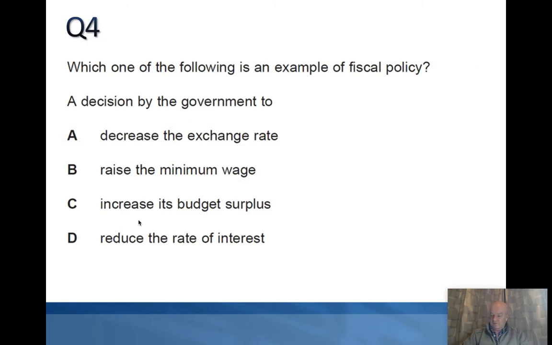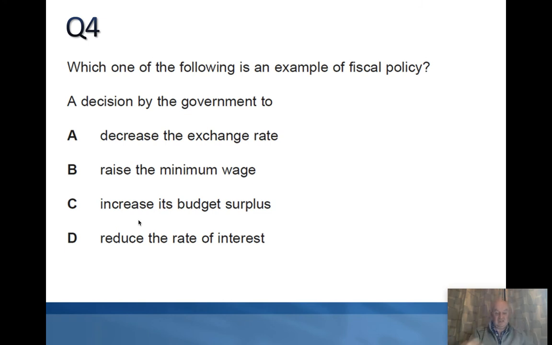Let's take a look at question number 4 then. Which one of these is an example of fiscal policy? Government decision to decrease the exchange rate. Well, as you can remember from the previous presentations, the exchange rate is a monetary policy tool, so it's clearly not an example of fiscal policy. What about raising the minimum wage? Could be a possibility. What about increasing its budgetary surplus? That could also be potentially fiscal policy.